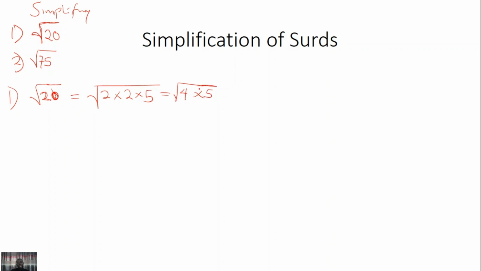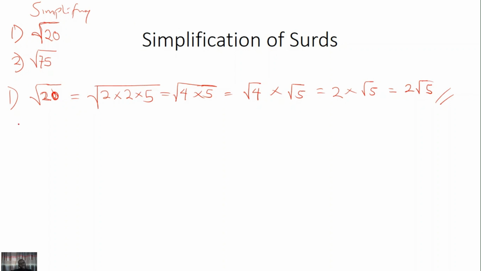Now, this can be broken down into square root of 4 times square root of 5. And square root of 4 is 2. So this will become 2 times square root of 5, which is equal to 2 root 5. Root 20 has been simplified into 2 root 5. Okay, so this is our answer. This is how to simplify surds.